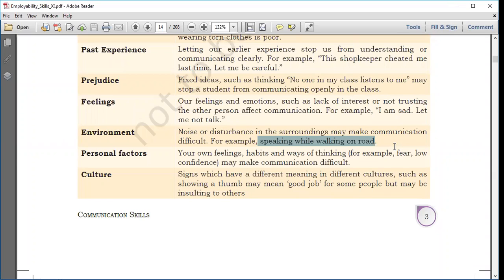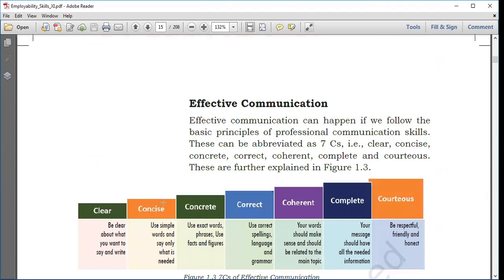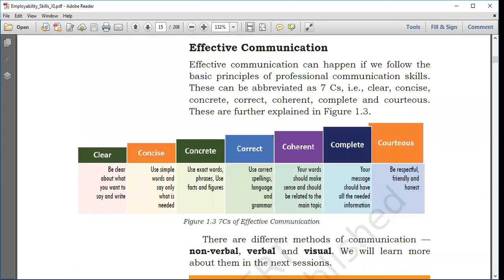Somebody may take it as a positive effect, and somebody may take it as an insult, a negative part also, right? So signs and such kind of things of different cultures convey different meanings, right? These are some of the barriers that affect communication. Then we'll talk about how communication can be made effective.